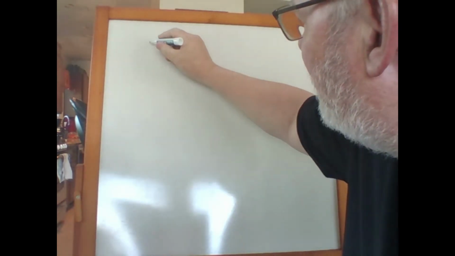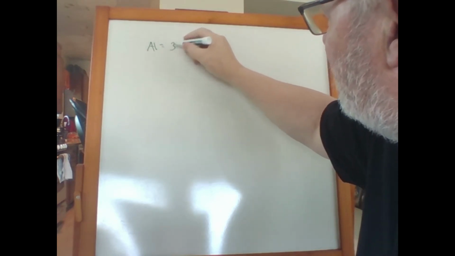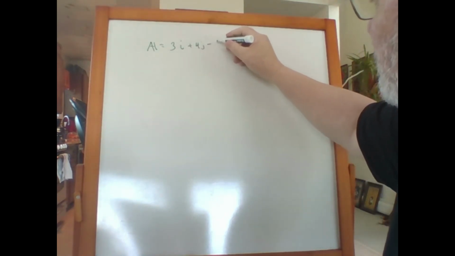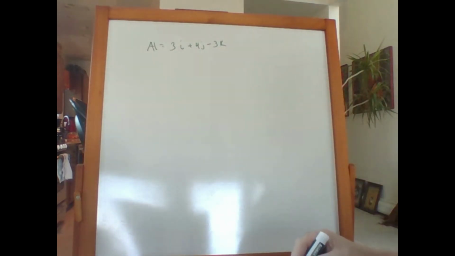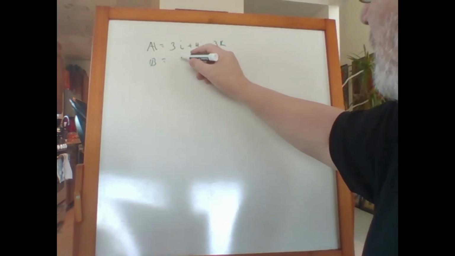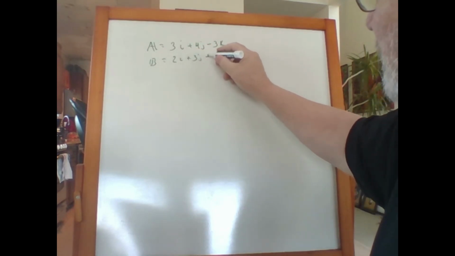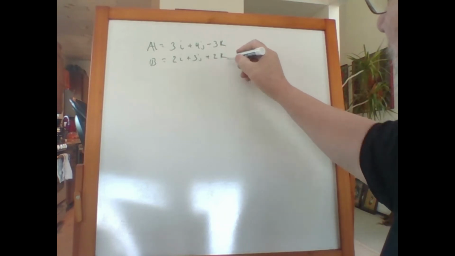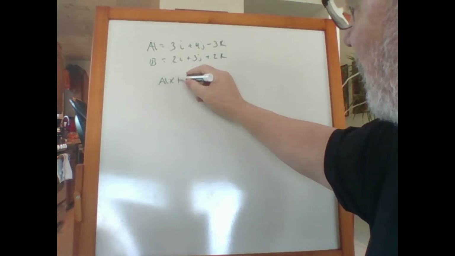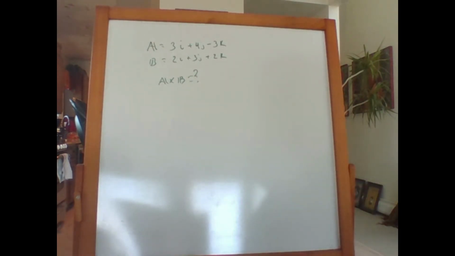Let's say we have A is equal to 3i plus 4j minus 3k, and B is equal to 2i plus 3j plus 2k. What's the A cross B in this situation?